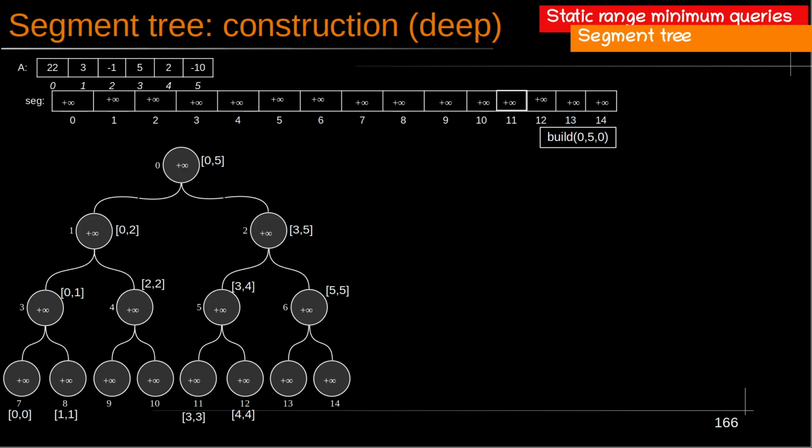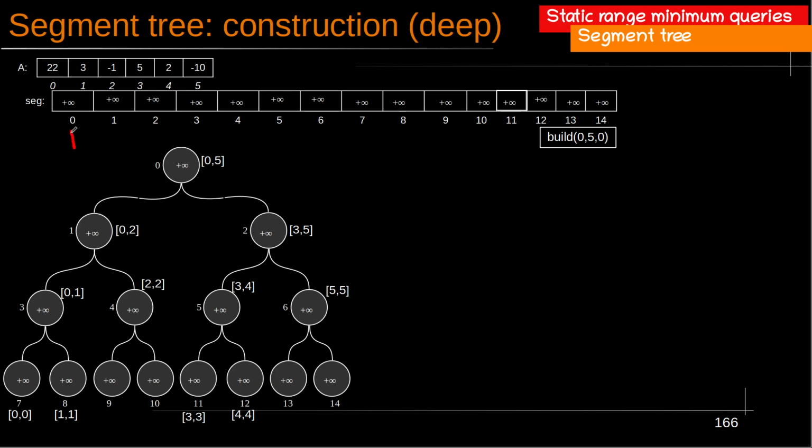The first call will be, if I call my function build from 0 to 5 and at position 0, which means here, what's the minimum from 0 to 5, and we will put the minimum at the index 0 of the segment tree, not the original array.